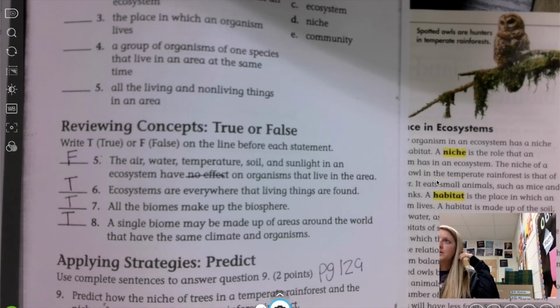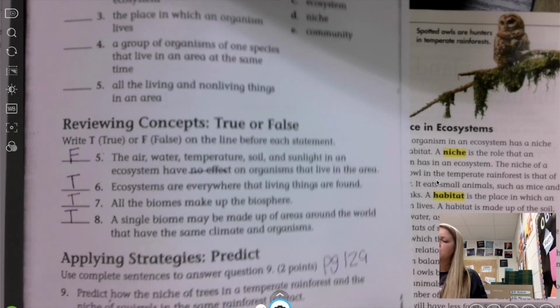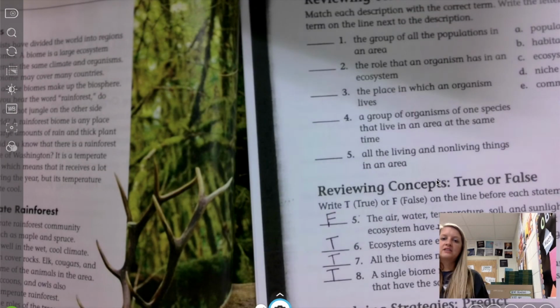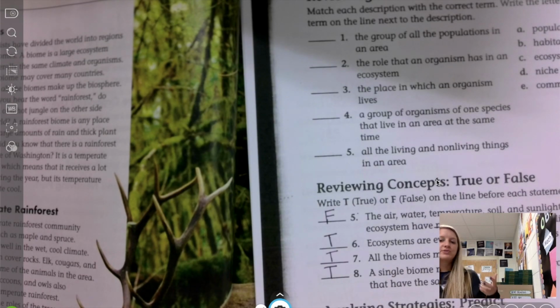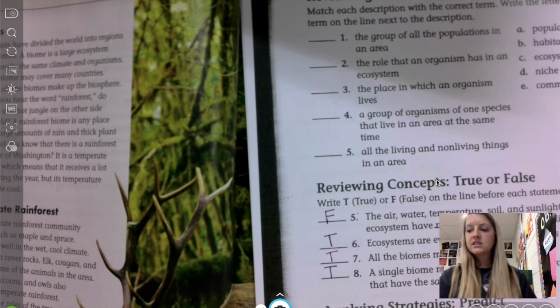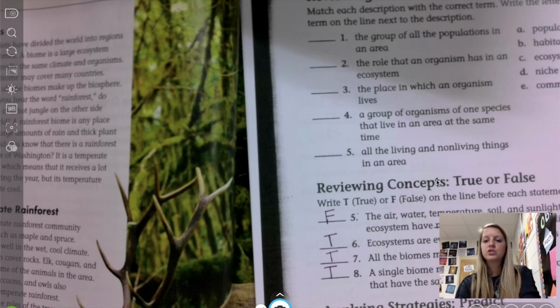It's telling you to make an educated guess on what you think might happen. Like I said, we're going to be continuing to look at the different biomes around the world in the rest of our lessons throughout the chapter. So just keep an eye on what's going to make everything balanced, what the job is of each animal, or the niche, and then where they live in their different habitats.